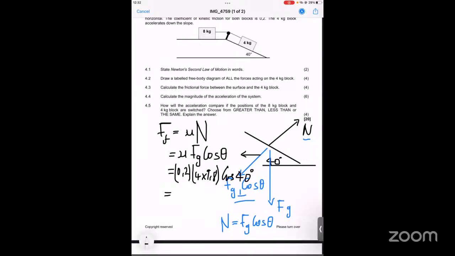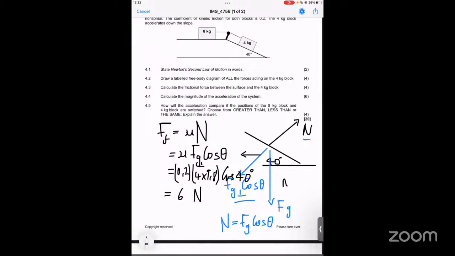And then you say, what is the answer? Just 6 Newton. Yes, sir. But wait, did you not say 30 comma something? Yeah, the Fg perpendicular is 30,03. Let's see, without it being that.